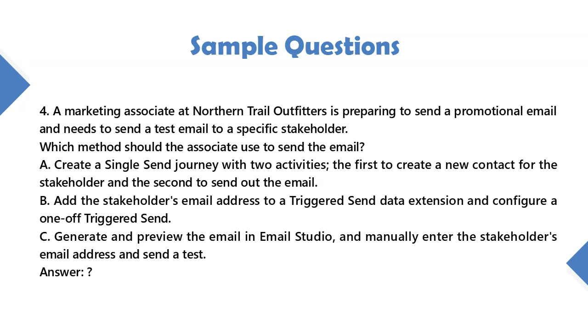The first to create a new contact for the stakeholder and the second to send out the email. B. Add the stakeholder's email address to a triggered send data extension and configure a one-off triggered send. C. Generate and preview the email in Email Studio, and manually enter the stakeholder's email address and send a test.